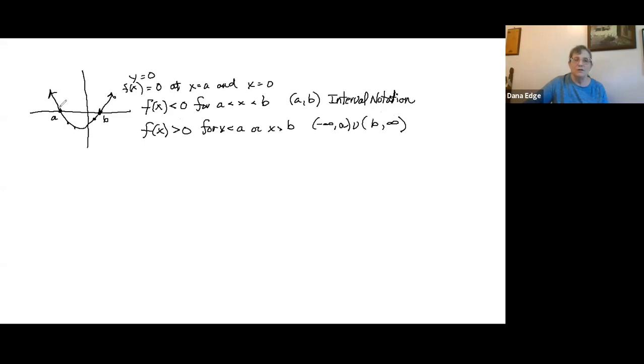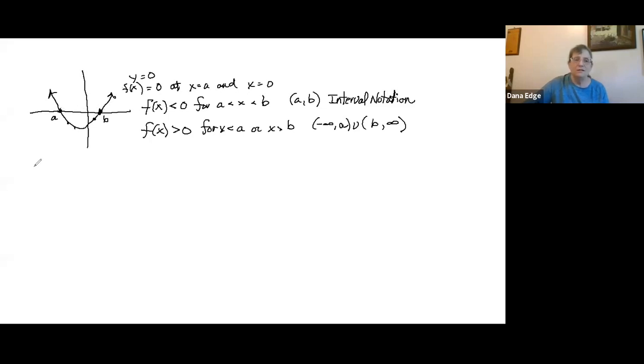So for this part of the graph, the y values are positive. For this part of the graph, the y values are negative. And for this part of the graph, the y values are positive. So it's dependent upon finding the points where it's on the x-axis.